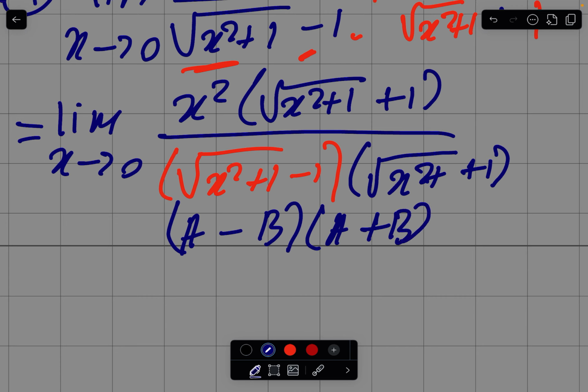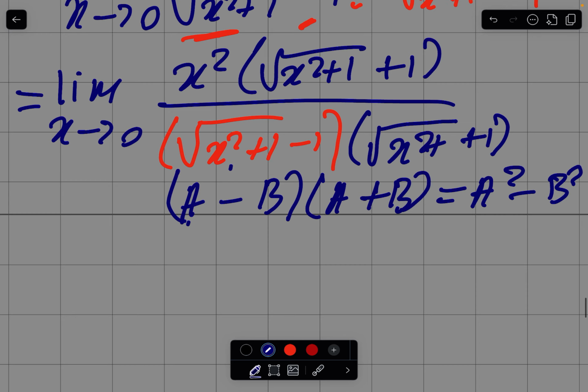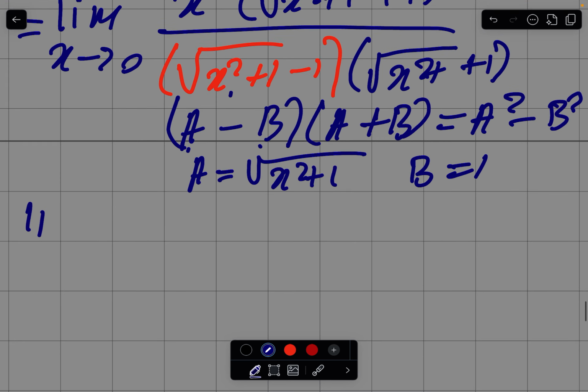In mathematics we know this thing equals to what? A squared minus b squared. What is your a? Your a is square root of x squared plus 1. Your b is what? Is 1. Understand? Therefore we're going to have the limit as x approaching 0.